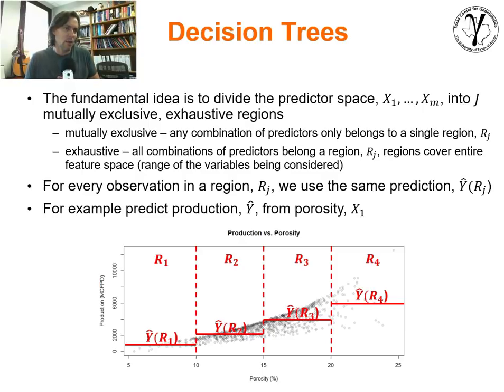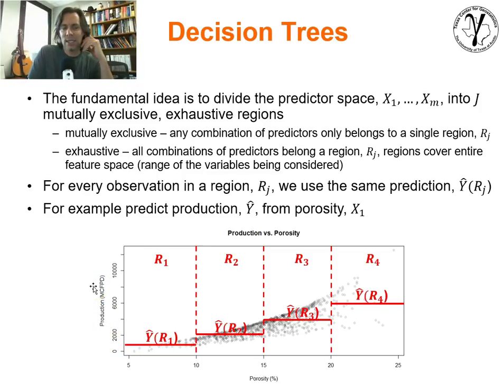So for every observation in a region, and the regions will be denoted as capital R sub J for the Jth region, we will use the same prediction. That estimate in that region will just be the average of all the values in that region. Let's take a very simple example. M is equal to 1. We only have one available predictor, porosity, and we're trying to predict production.